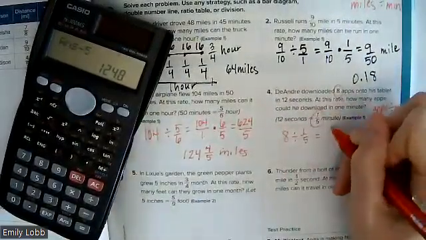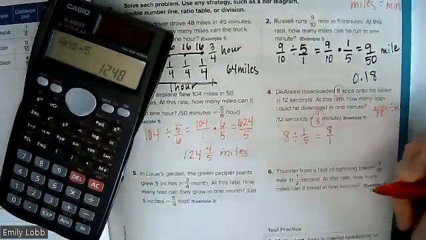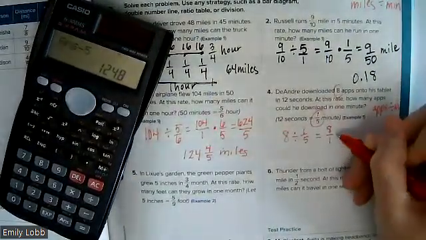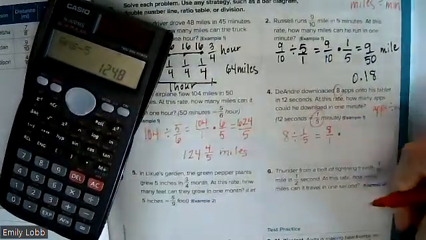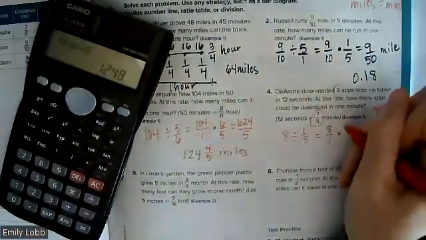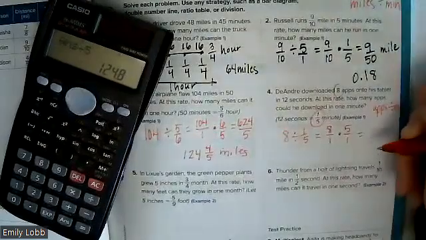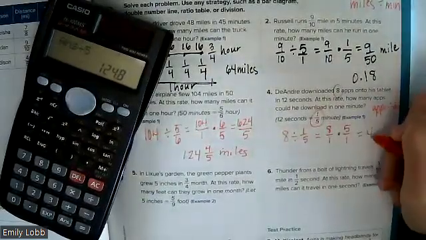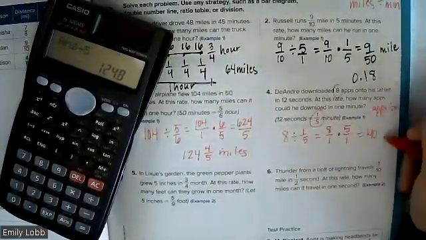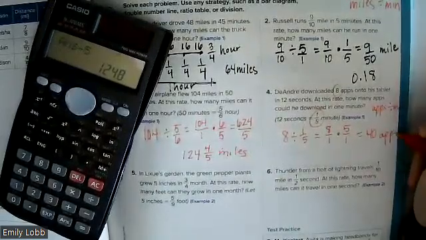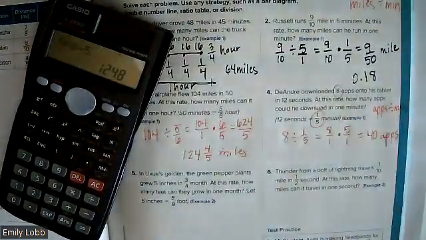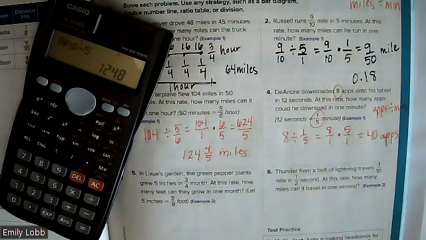We can rewrite 8 as an improper fraction. Then we have to change to multiplication and flip the fraction. We multiply by the reciprocal. So really, we just have 8 times 5, which is what? 40 what? 40 apps. That's how many apps he could download in 1 minute.